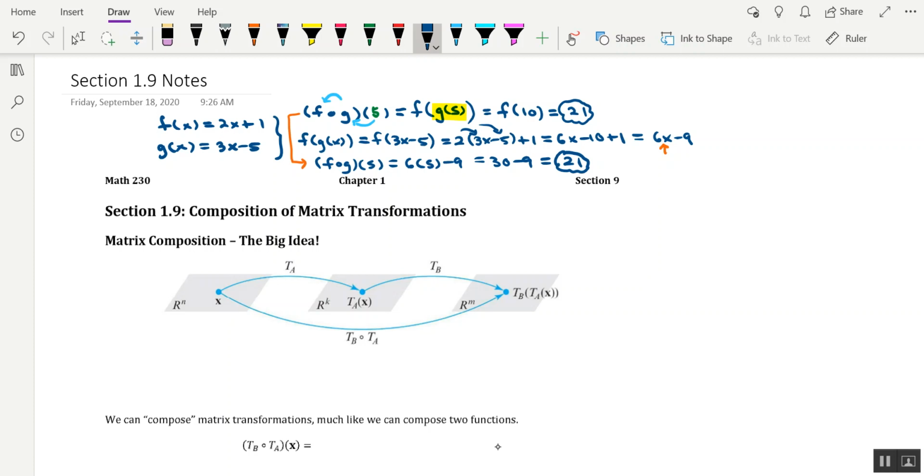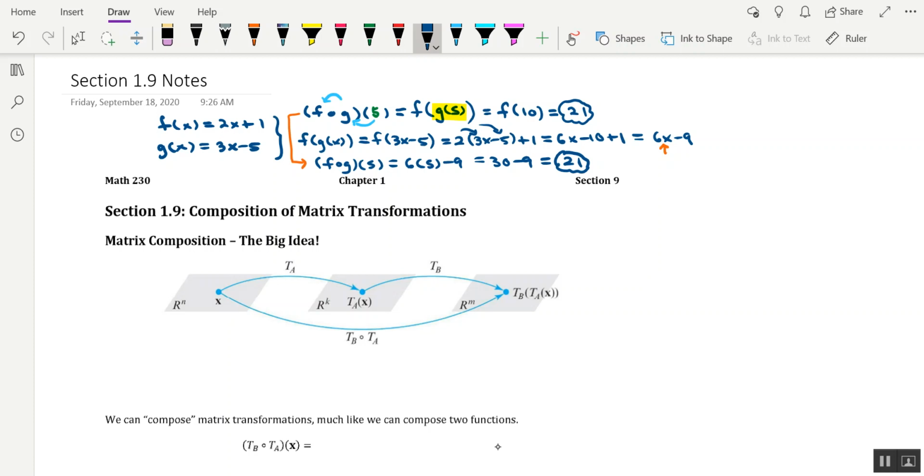The reason I'm taking you through a trip down memory lane is because we can compose matrix transformations. Recall that transformations are like the linear algebra version of a function, but we're going to be working specifically with matrix transformations.